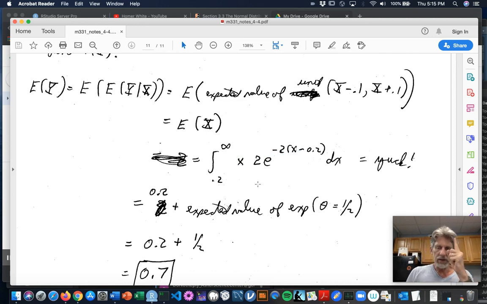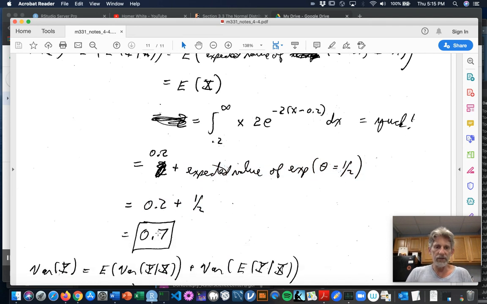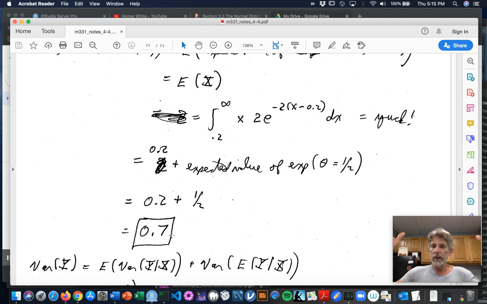But being the lazy person, I did reason out that this random variable was distributed like 0.2 plus an exponential with theta as a half. The expected value of such a random variable would be the expected value of 0.2, which is 0.2, plus the expected value of that. So 0.2 plus a half, 0.7. Okay, $700. So there it is.